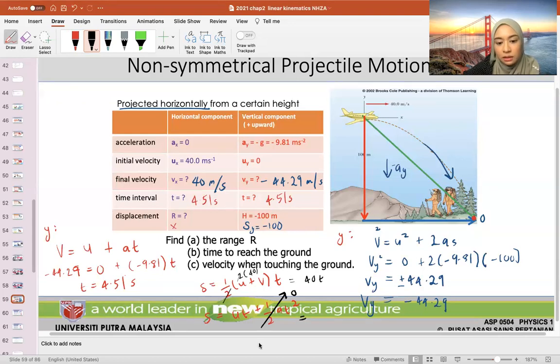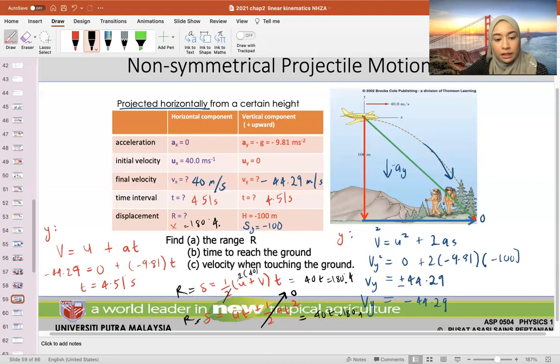So I get 40t. t is 4.51, so the answer will be the same. So this is r. 40 times 4.51, I would get 180.4. The same. Okay, so this is our r, 180.4.